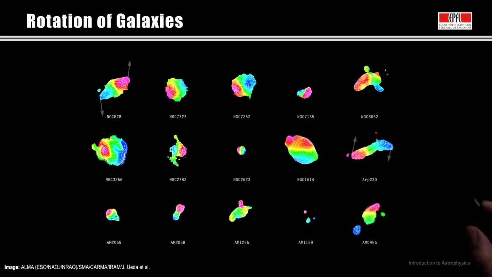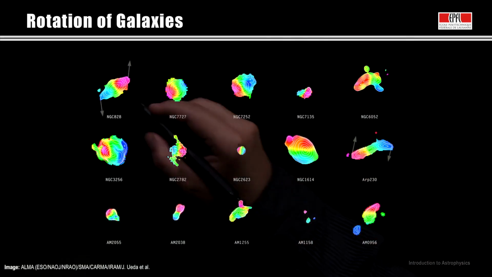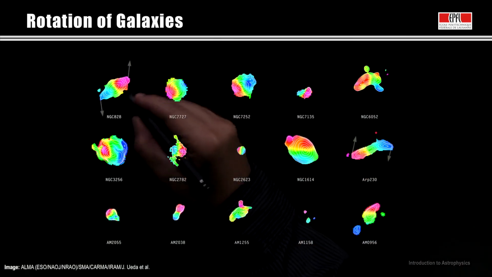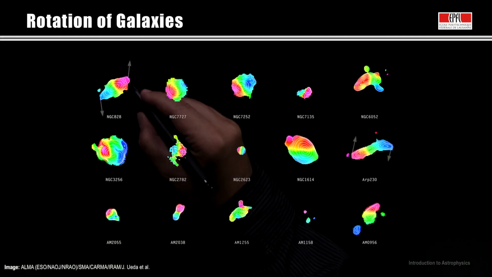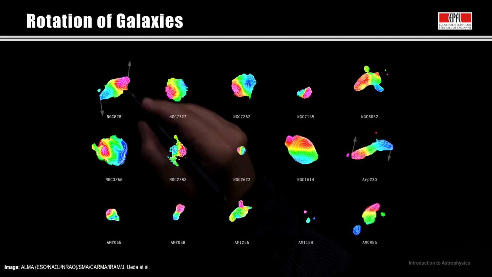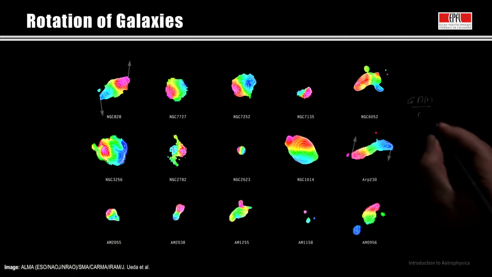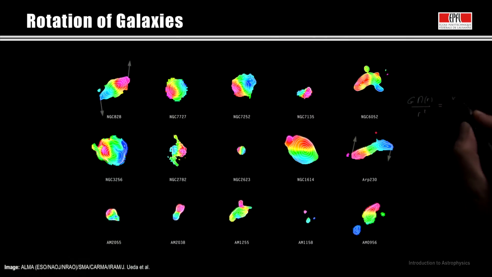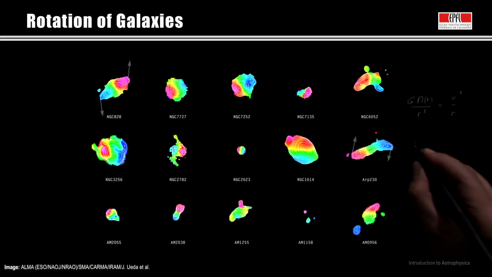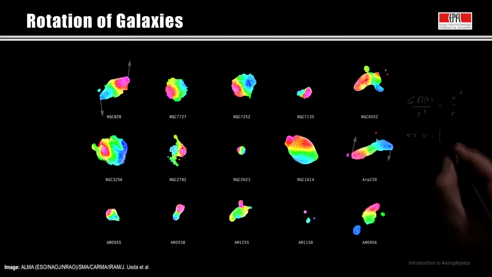We can write the acceleration of the points along the rotation axis of a galaxy as a function of mass. We have g times m(r) divided by r squared. That is, the gravitational acceleration is equal to v squared divided by r. This implies that v equals the square root of g m(r) divided by r.